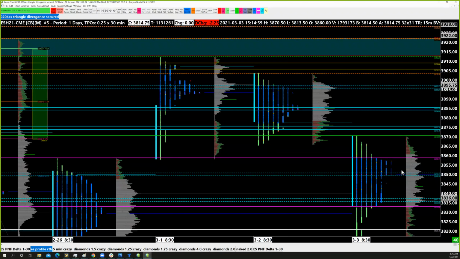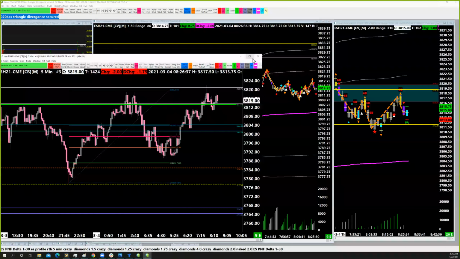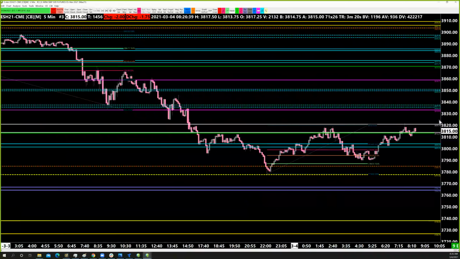Now we got it. Control A, minimize. And now the picture looks right.